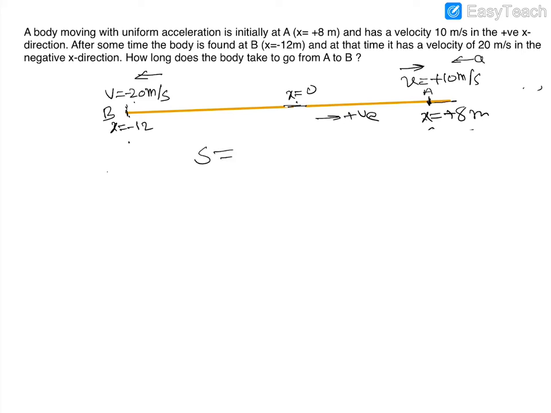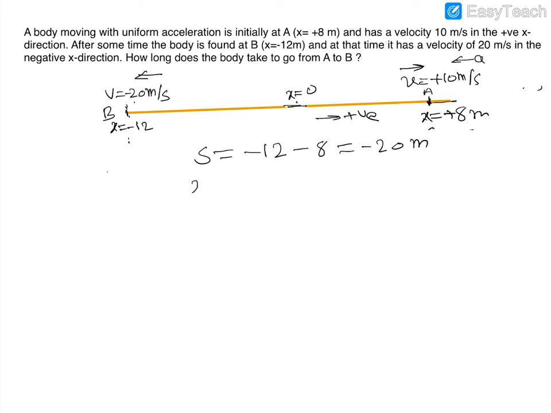S is equal to the final position, which is minus 12, minus the initial position, which is plus 8. So s is equal to minus 20 meters. So we have got displacement equal to minus 20 meters. Then we can find acceleration by v square minus u square equals 2as.